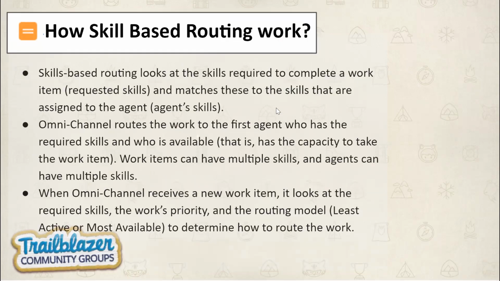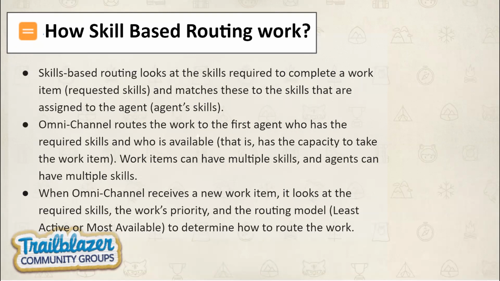Now, how does skill-based routing work? First of all, skill-based routing looks at the skills required to complete the work item, which here means to solve the case. In the previous example, the case was generated from a Spanish customer, so we should provide a solution to that customer in Spanish.